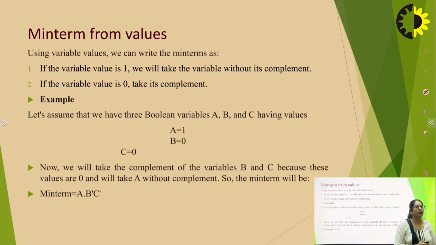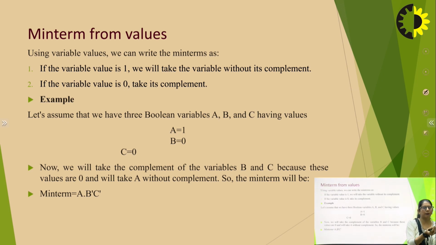Now see here, how we calculate the minterm from the values. For example, if the variable value is 1, we simply take the variable without its complement, meaning it will be written like x, y or z. If the variable value is 0, then we take its complement.